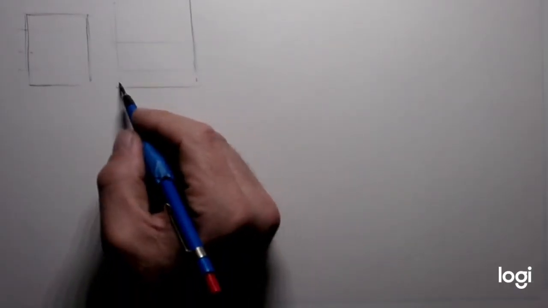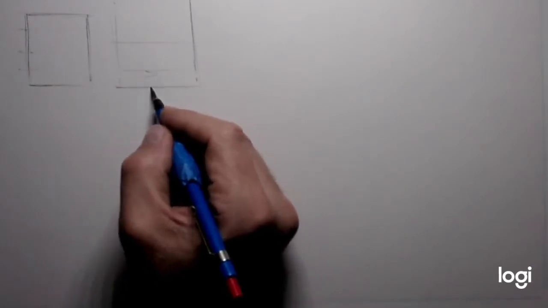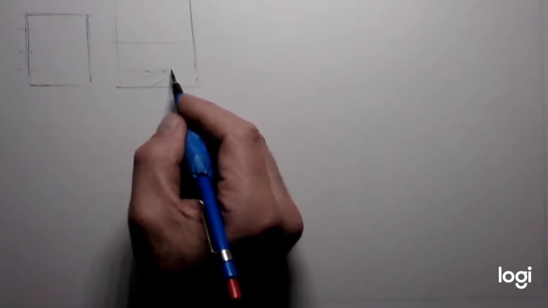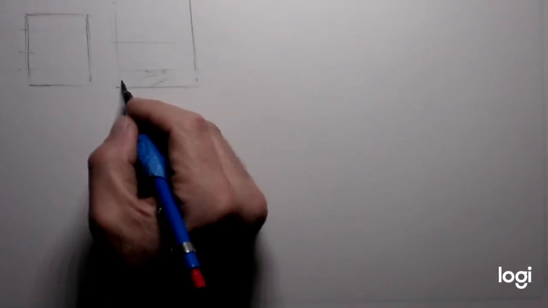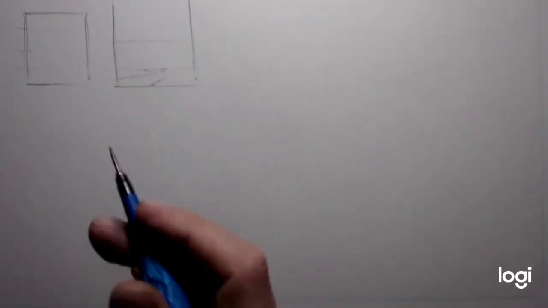And a thing that I like to do is to create a path along the ground plane, and it can work out that it stays a path, or it can work out that the path disappears. But for the beginning, I like to create a little path along the lowest plane. It's kind of like a path for my eye to follow.